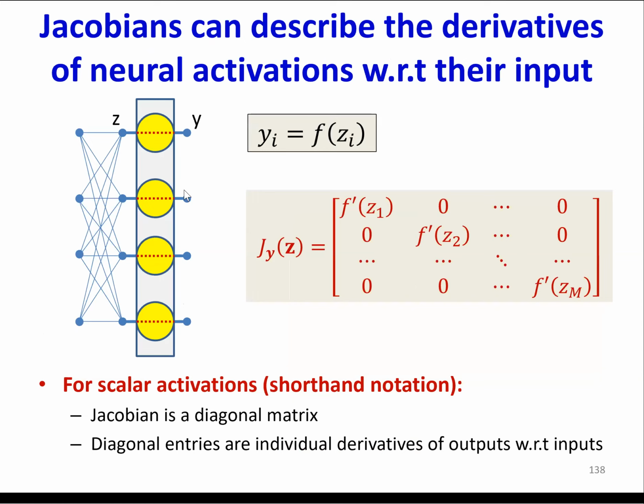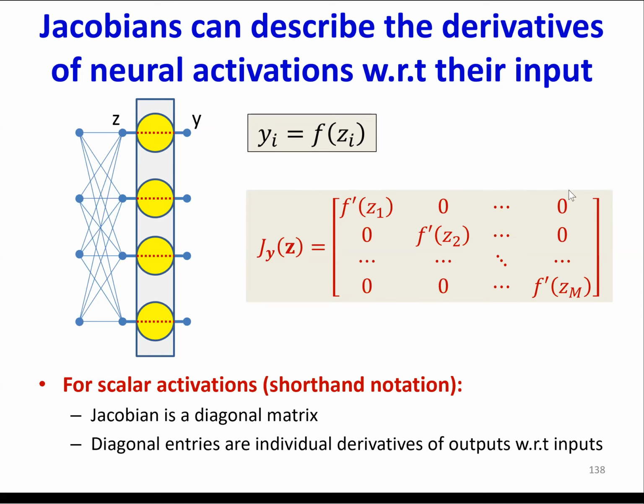Now the Jacobians describe the derivatives of neural activations with respect to their input. If I have a layer which has many scalar activations, this is basically a vector activation where individual inputs do not only affect a single output, right? And so when you have a layer with activations of this kind, then the Jacobian is going to be a diagonal matrix where the diagonal entries are the derivatives of these individual activations.